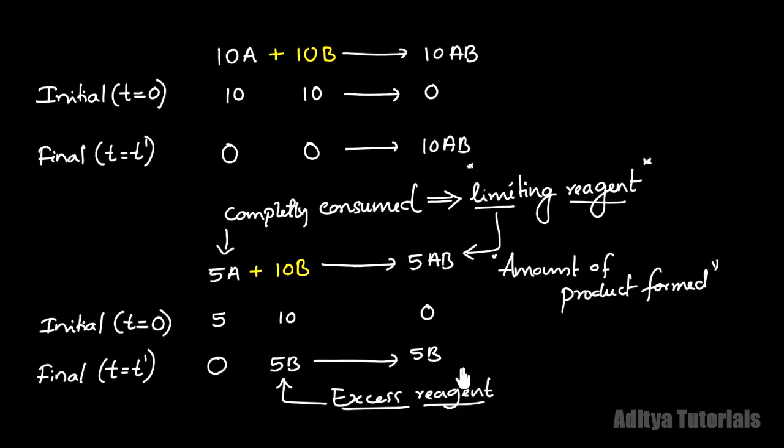Okay, let's see one more point now, where we apply the limiting reagent concept to a particular chemical reaction. Let's see sodium hydroxide. It is given by NaOH. It is called sodium hydroxide, and it is a base.